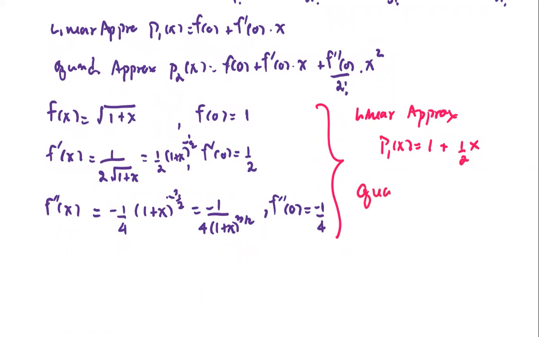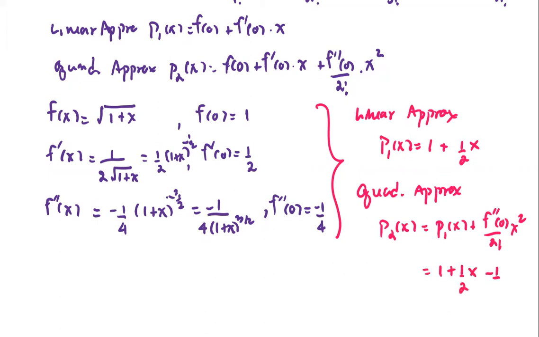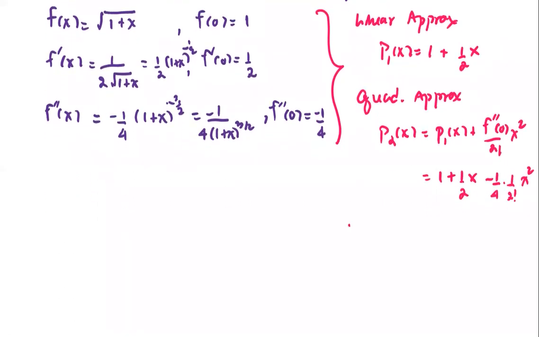And the quadratic approximation, or the P2 of x, is the P1 of x plus an additional term, the term with the second derivative at 0 over 2 factorial times x squared, which is 1 plus 1 over 2 x minus 1 over 4 multiplied by 1 over 2 factorial times x squared. Therefore, we get P2 of x equals 1 plus 1 over 2 x minus 1 over 8 times x squared.